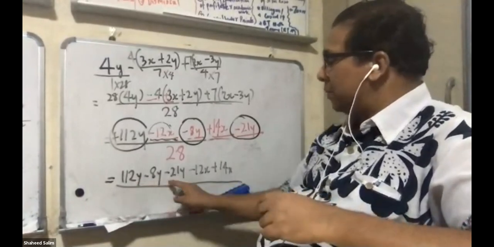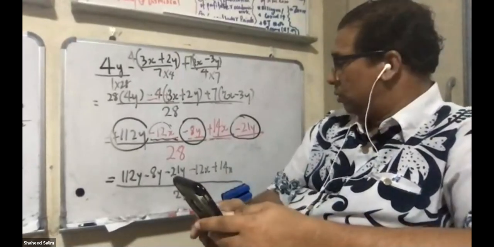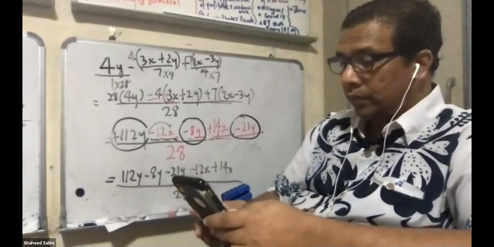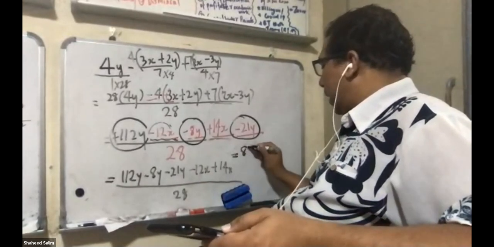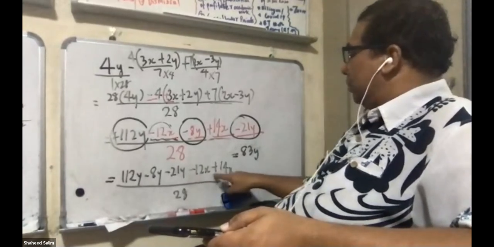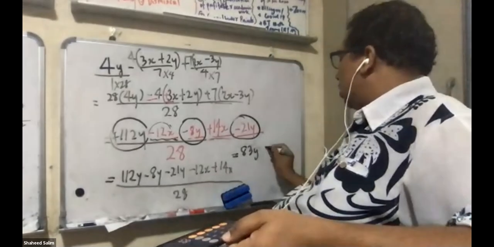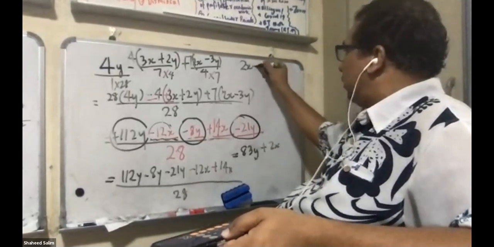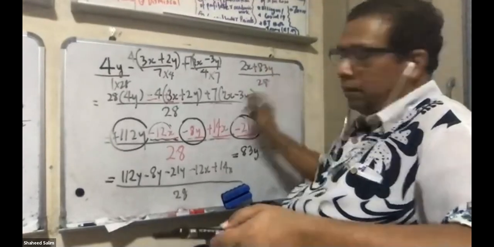So 112 minus 8 minus 21, what's your answer? 112 minus 8 minus 21. 83y. 14 minus 12 lah. You have utang $12, you have $14. So plus 2x. Or you can write it as 2x, normally x must be first, plus 83y over 28.